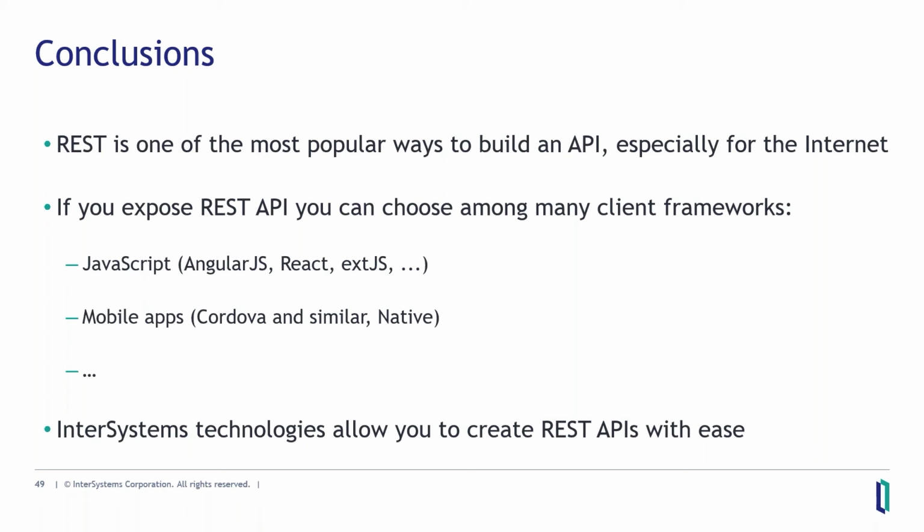First of all, of course, the JavaScript frameworks, but you can also build mobile applications from your JavaScript if you need that, using Cordova and some similar technologies, but also native mobile apps. InterSystems technologies allow you to create a REST API with these. Next slide.